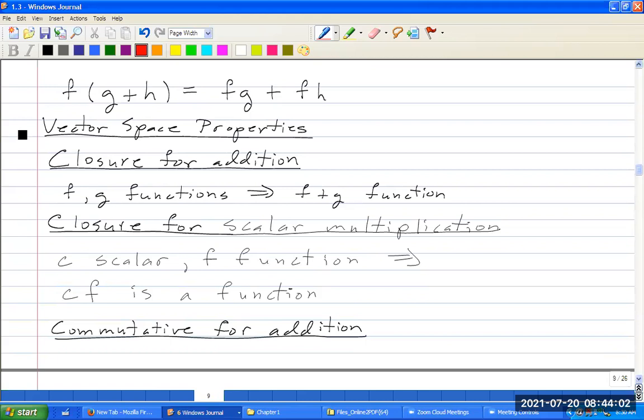Not only do these satisfy the field properties, so they act like rational numbers, they also satisfy the vector space properties. So they act like vectors.